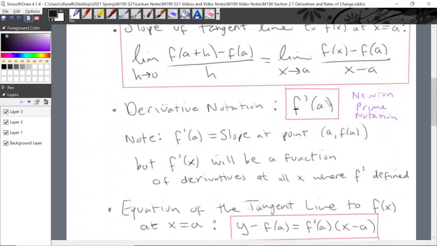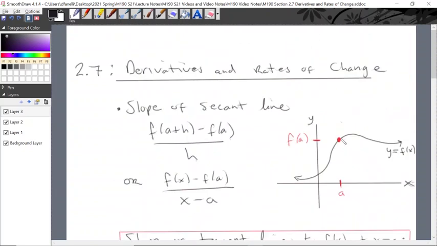Now that we have the slope of a tangent line, and since we already have a point on the tangent line geometrically, the tangent line would be the line that has the same point on the curve, that fixed point right there, the point with coordinates a, f of a, and it has the same slope as the curve as well.